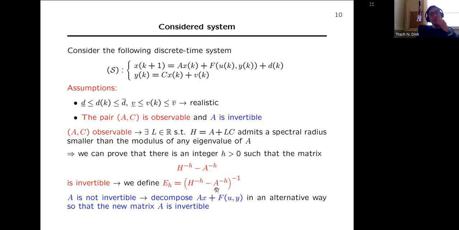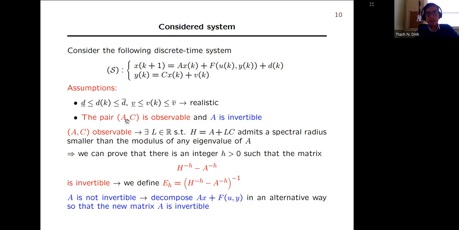And here is the considered system, which I will denote S, with the output y_k affected by measurement noise. We suppose two realistic assumptions: the disturbance and the measurement noise are unknown but bounded by known values.